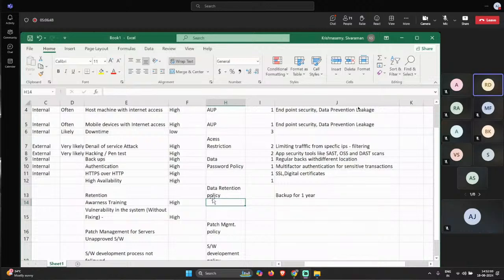While you're collecting personal information about employees, you need to destroy the data after a certain retention period. Until then, you need to keep it and not share it with somebody else.